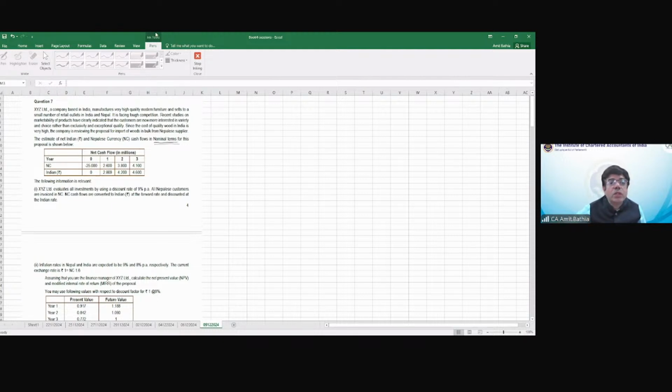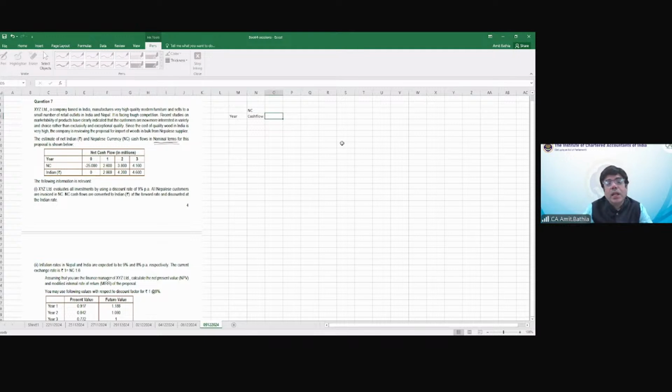So first and foremost, we have cash flows. I'm going to take the cash flow in Nepali currency, right?